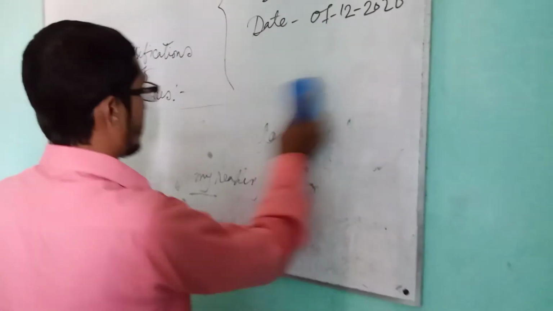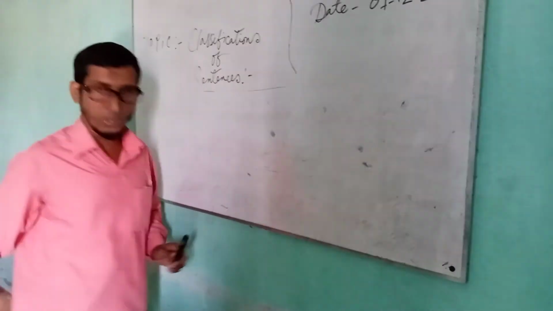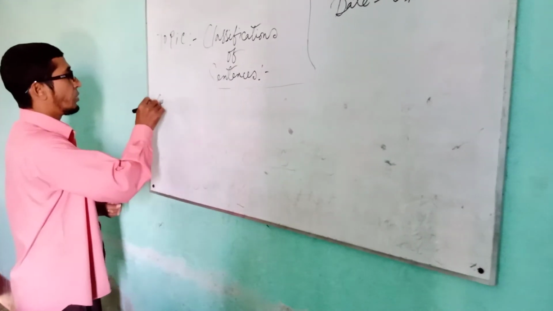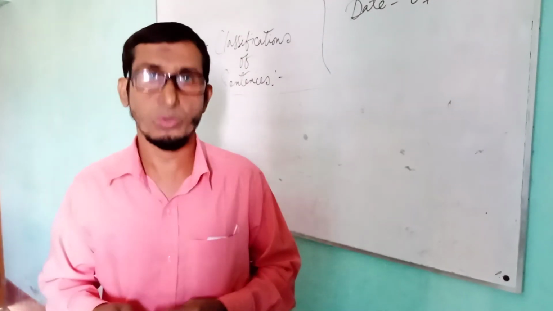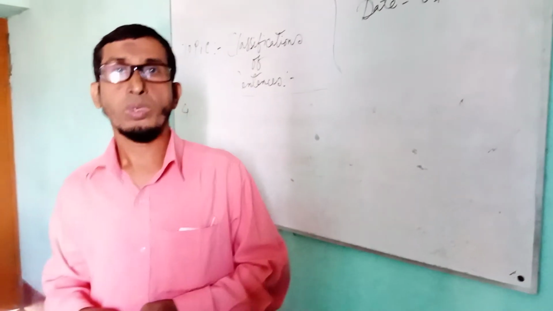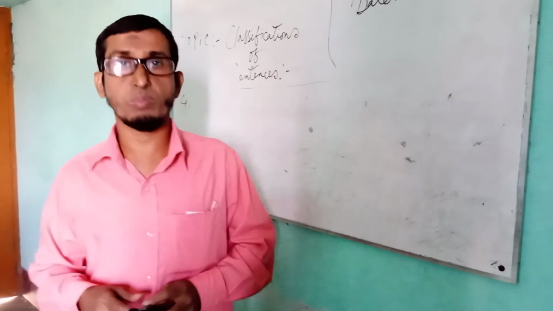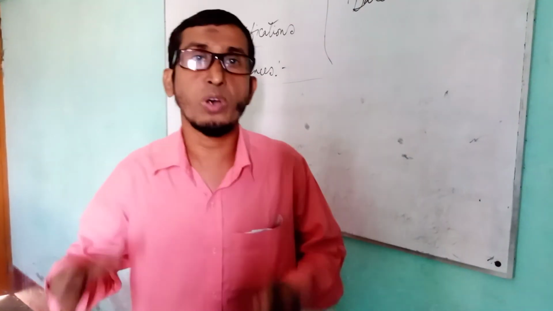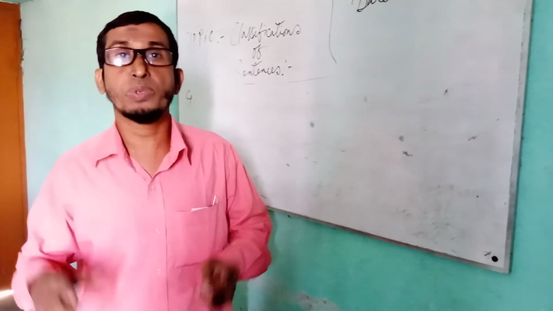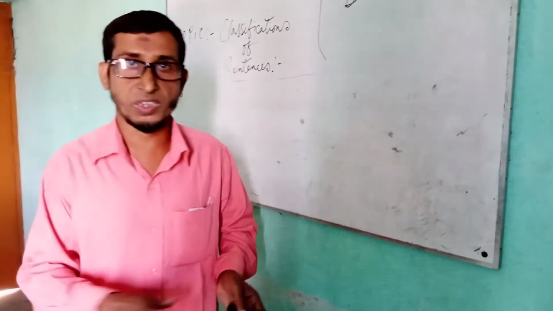Now, rule number 3 is done, and I am telling rule number 4. If the complex sentence starts with although, and if you want to make a simple sentence, then we must use in spite of, and then we have to use the possessive form of the subject.